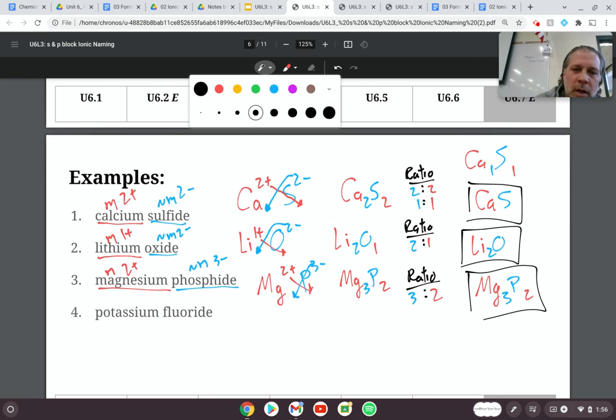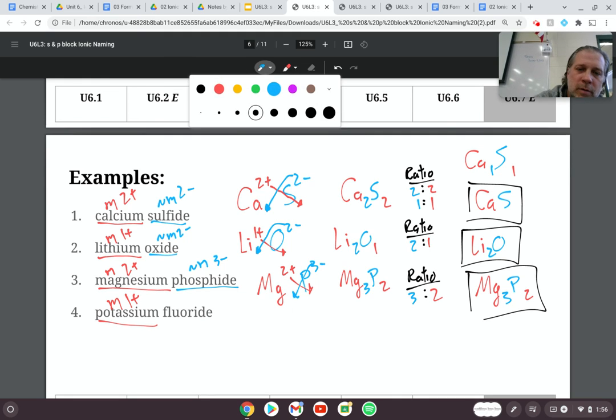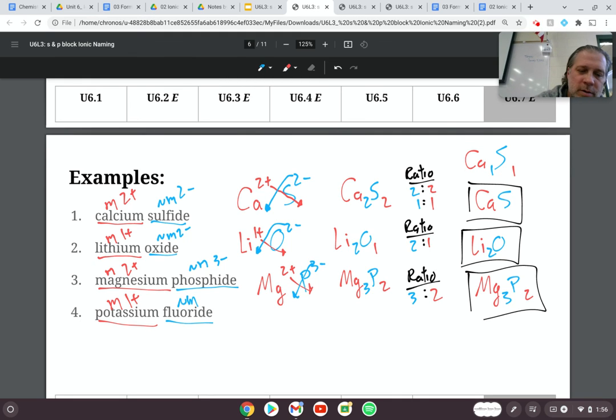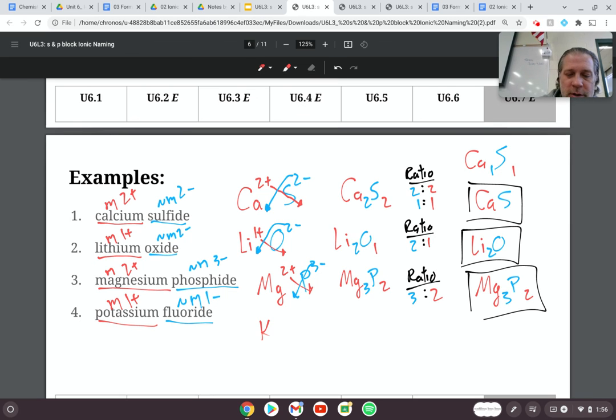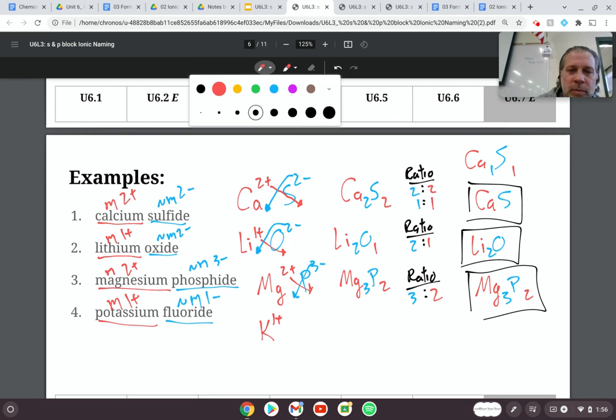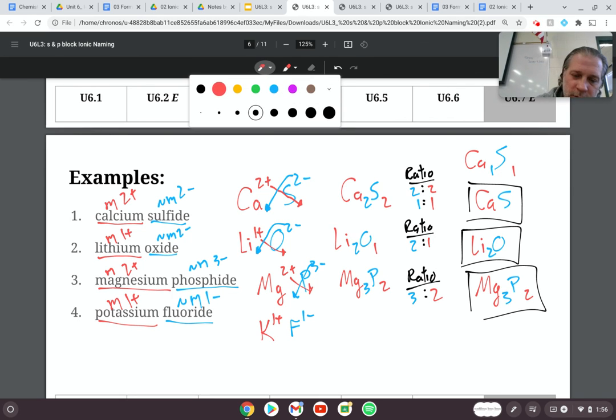Last one, potassium is your metal, which is +1. Fluoride is your nonmetal, which is -1. We're going to set the symbols of the charges next to each other. So potassium is a +1. Fluoride is a -1. I'm going to crisscross the charges down and rewrite.